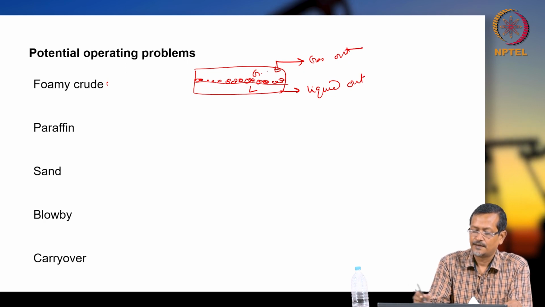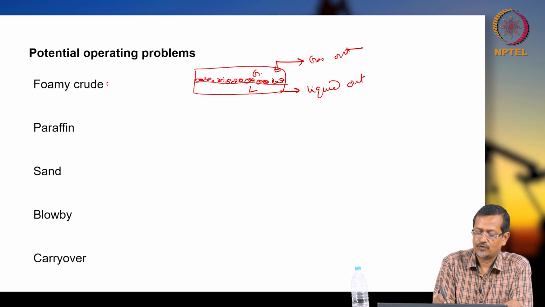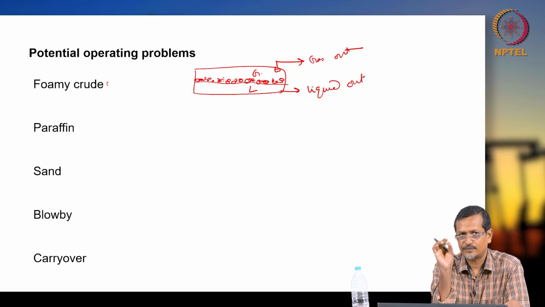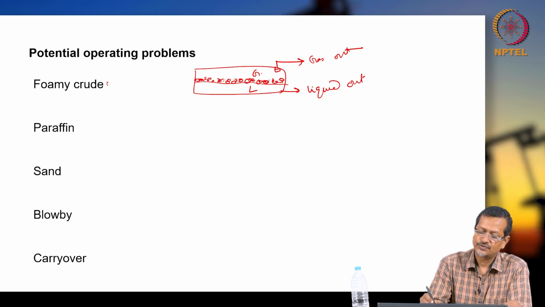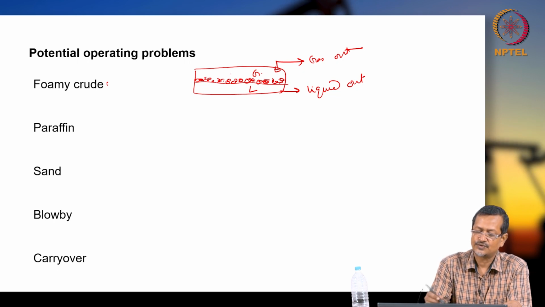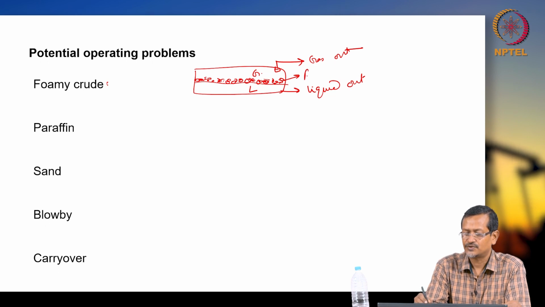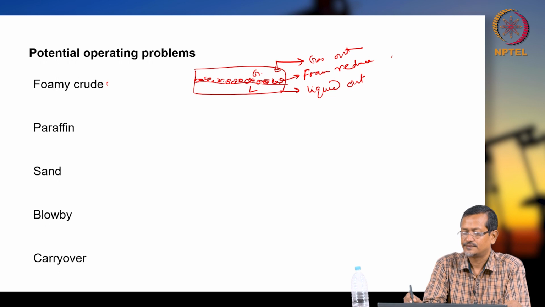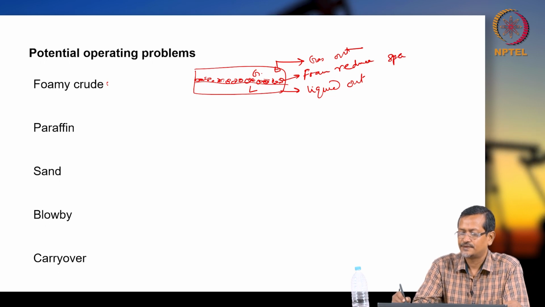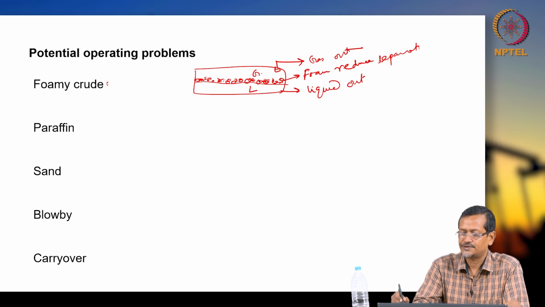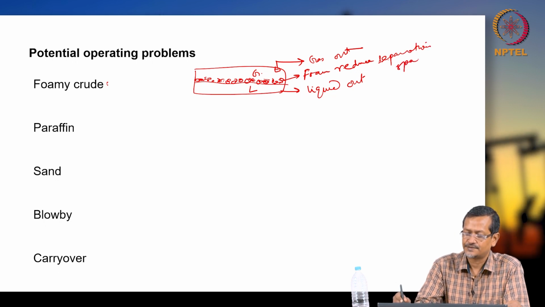Okay, so if I have lots of foam or bubbles not joining together because of certain chemical and other reasons, this is taking certain space, right? So the actual separation space got reduced. So foam reduces separation space.